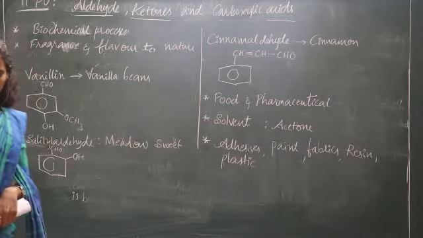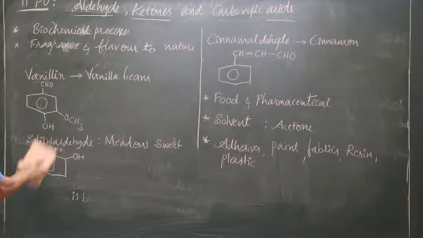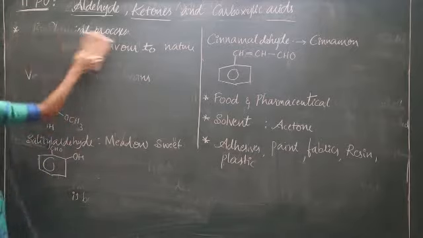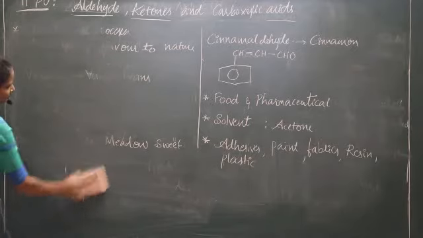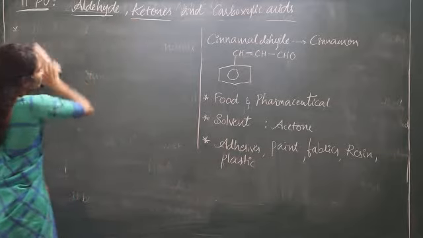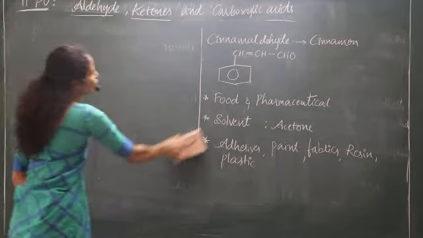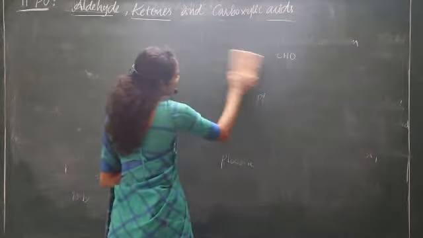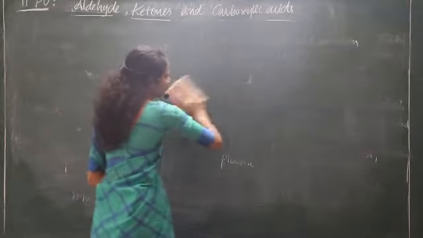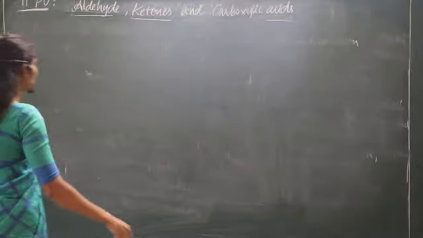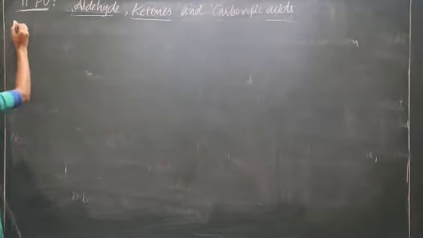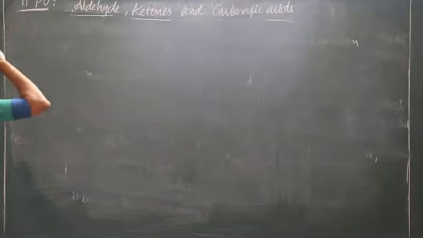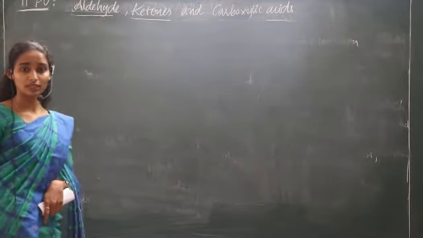Now let us start with your favorite one, that is nomenclature. Now we'll focus on the nomenclature of aldehydes and ketones. In that, two naming systems are there. As we know, one is the IUPAC system of nomenclature.